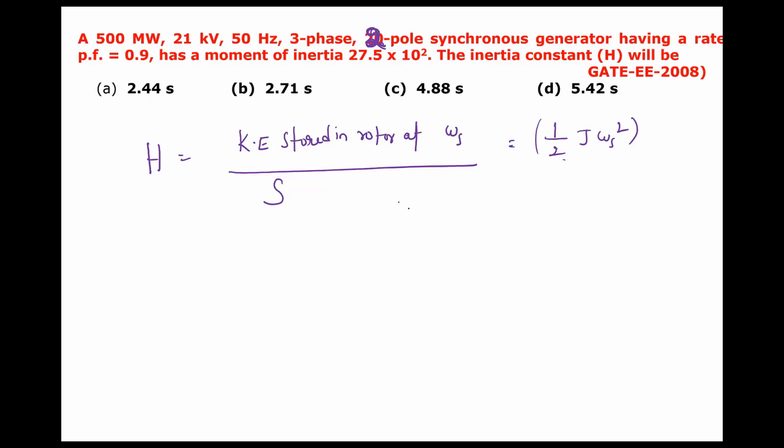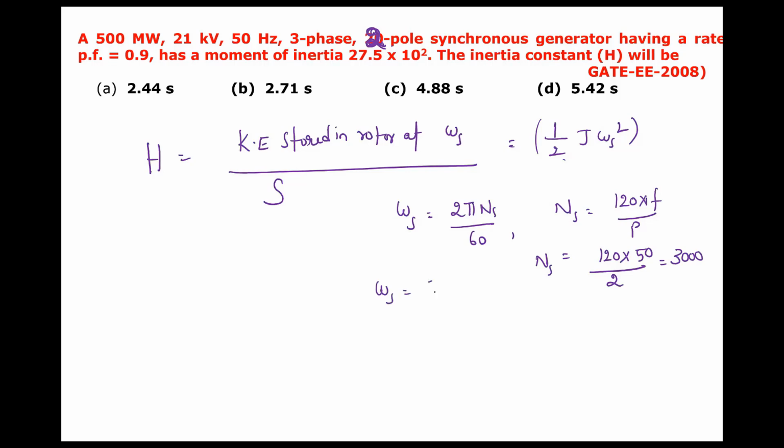Omega S is equal to 2 pi Ns by 60, where Ns is equal to 120 F by P. So Ns will become 120 into 50 divided by 2, which is 3000 RPM.